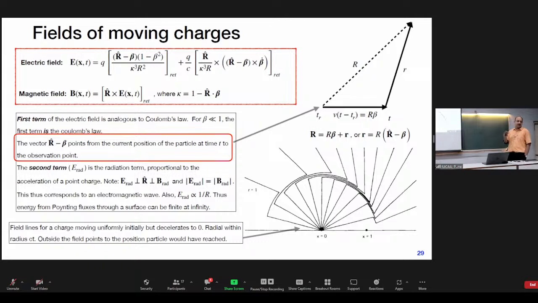Now, suppose the charge is not accelerating at all; it is moving in a straight line. So this term drops out. Fine. Then we are just left with this term. This term has a little complicated expression. We have this kappa in the denominator, and kappa looks like this: 1 minus r cap dot beta. Everything computed at the retarded position.